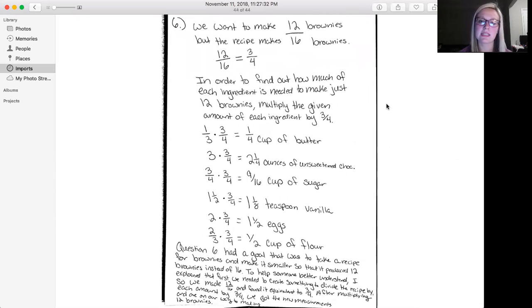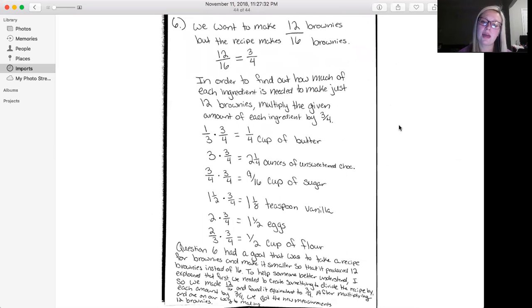And so then number 6, this one's about making brownies. And so we have a problem. We're given an ingredient list or recipe, and it makes 16 brownies, but we only want to make 12. And so we need to figure out how we can divide up this recipe to only make 12 brownies instead of 16.